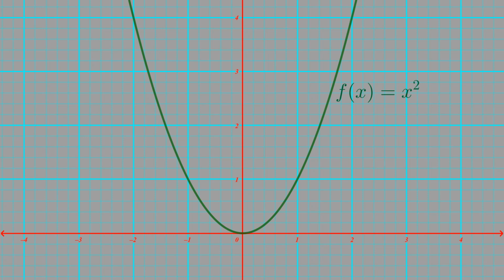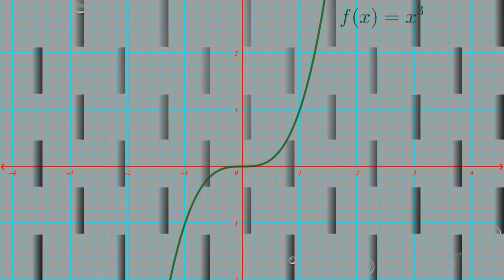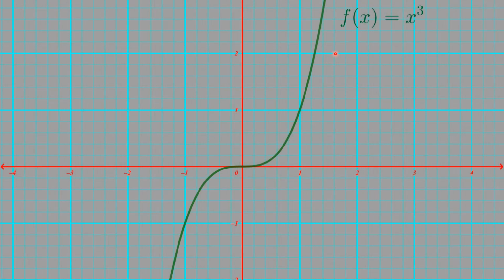Okay, so you see the next one, the odd function. Now you see this graph, fx is equal to x cube. We already told you that this function is an odd function, and this will be the graph of the function fx is equal to x cube.